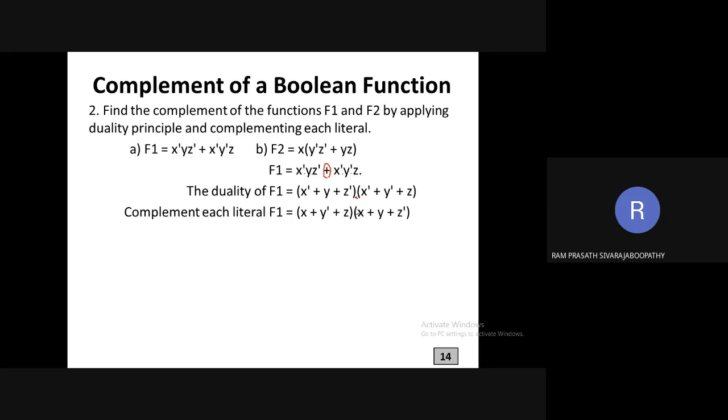So x bar became x, y became y bar, z bar became z. Similarly the next term. That's it. So f1 bar is equal to this expression.